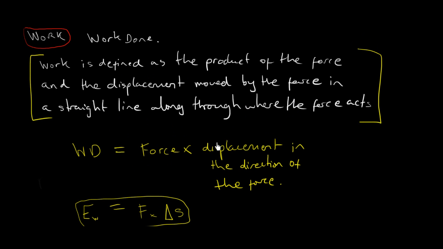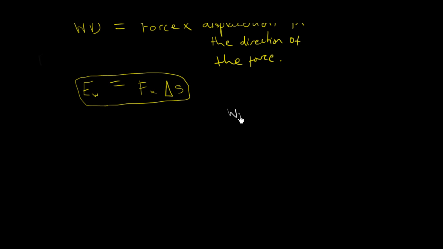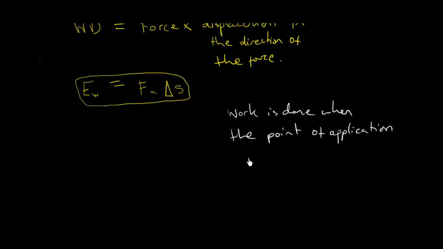And just before that, I also want to mention, when is work done? Work is done when the point at which the force is acting actually moves. So you can say that the work is done when the point of application of the force actually moves.